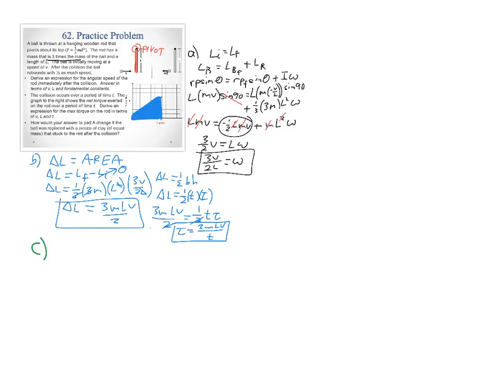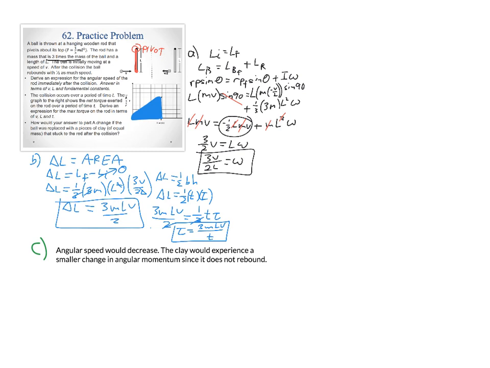The last question asks, how would my answer to A change if the ball is replaced with a piece of clay of equal mass that's stuck to the rod after the collision? And what would end up happening is that angular speed would decrease. And the reason for that is that the clay would experience a smaller change in momentum because it wouldn't rebound off of the object.